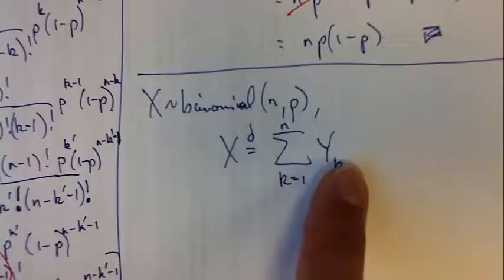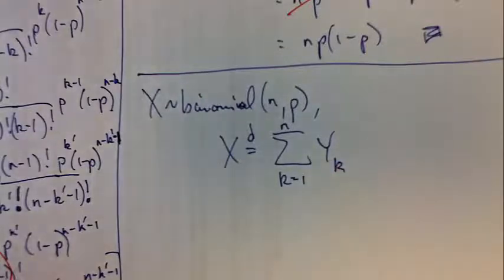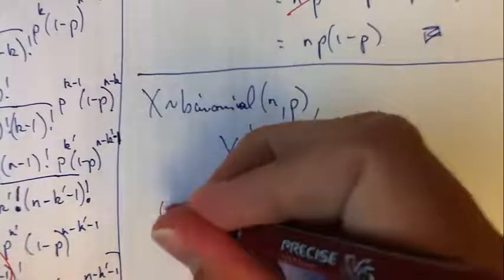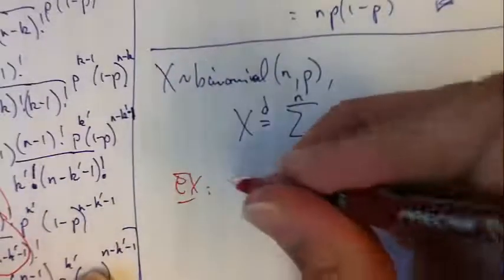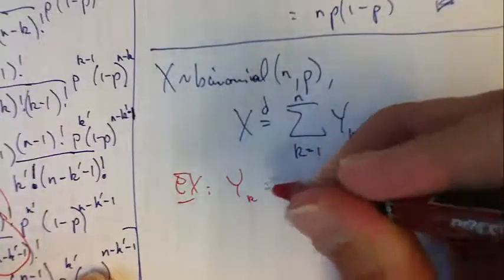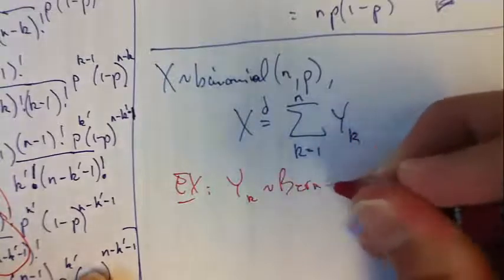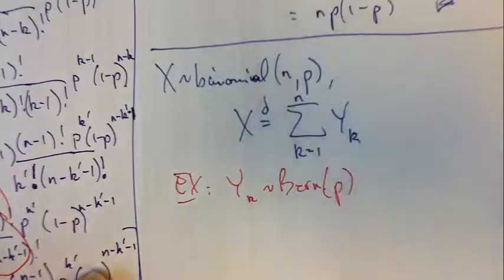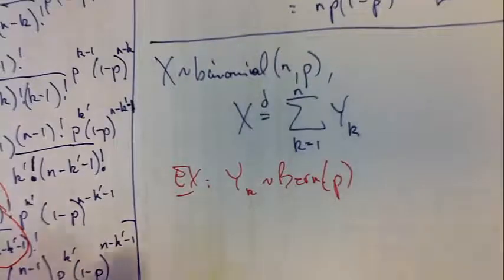So let's say, if you think back about the multiple choice quiz example where you're guessing blindly at each of 10 questions and each question has 5 possible answer choices, then maybe Y sub k are Bernoulli with parameter p, okay, and they're all independent.